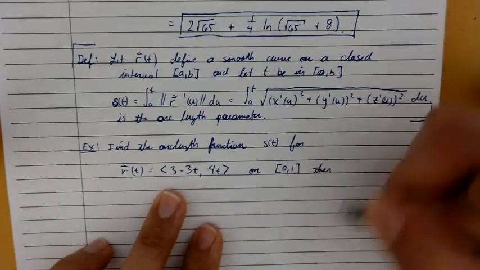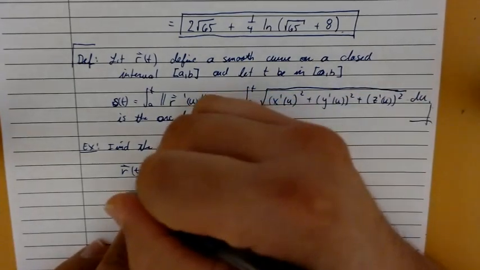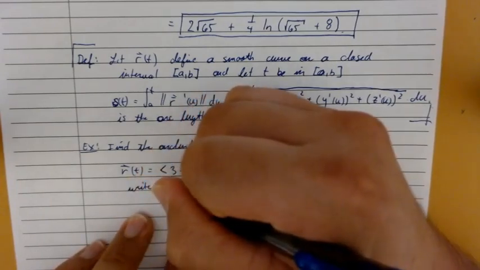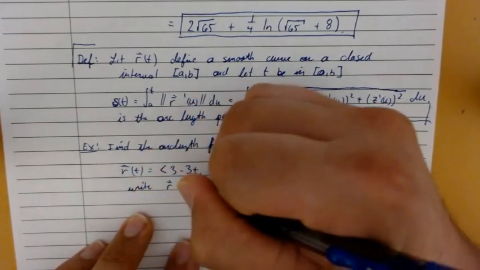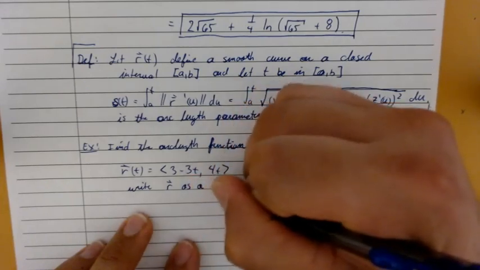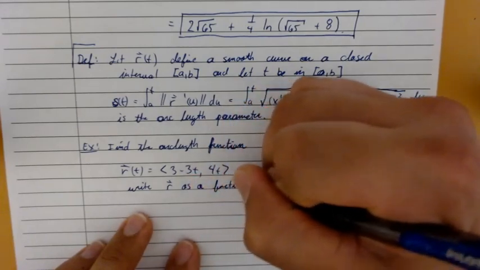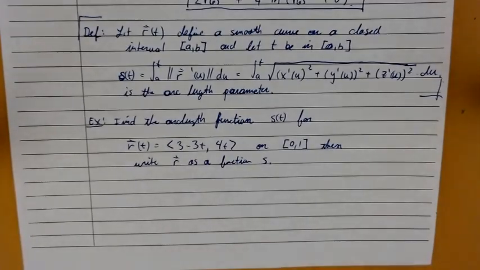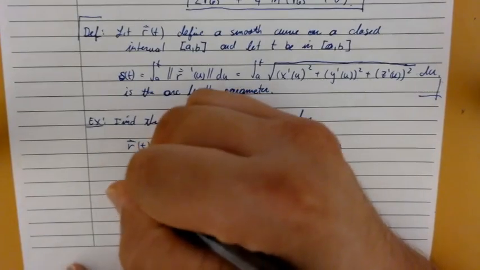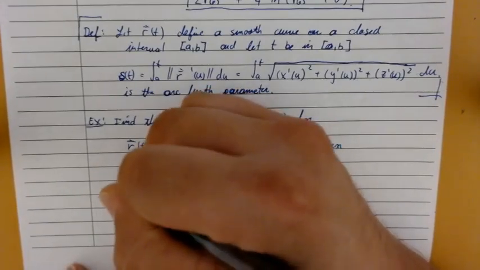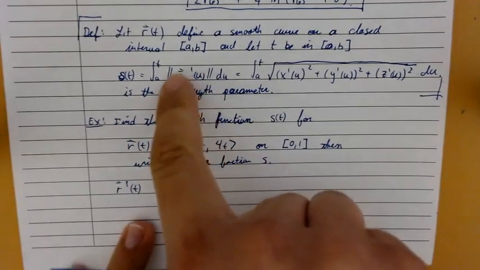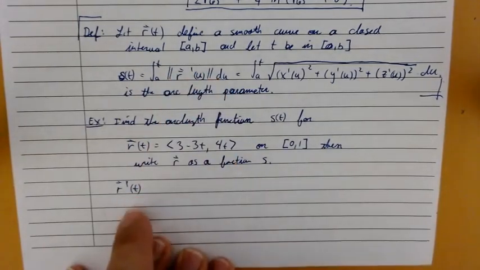Then we're going to write r as a function of s, as a function of the arc length. All right, so let's go ahead and do that. So we're going to start with, let's take r prime of t. We want r prime's magnitude, so let's start by finding r prime.